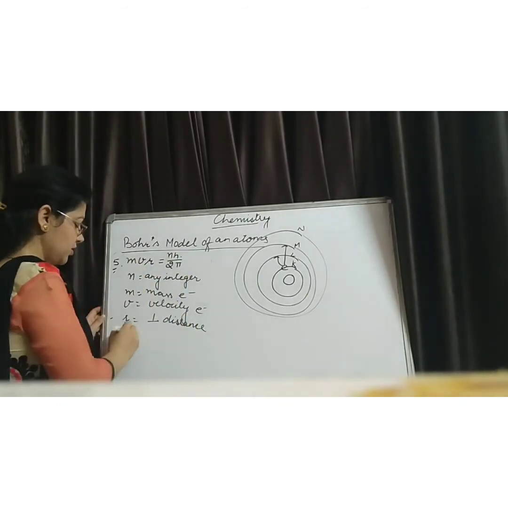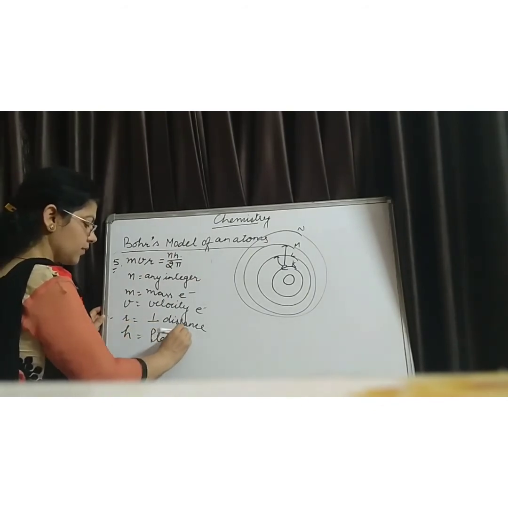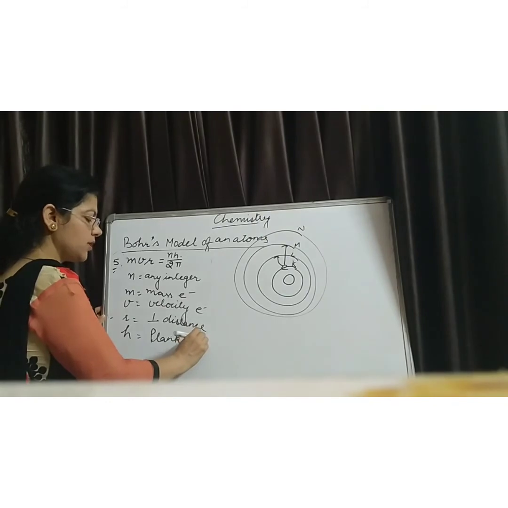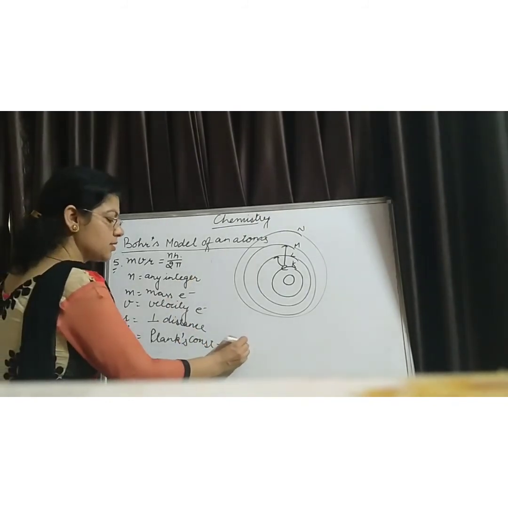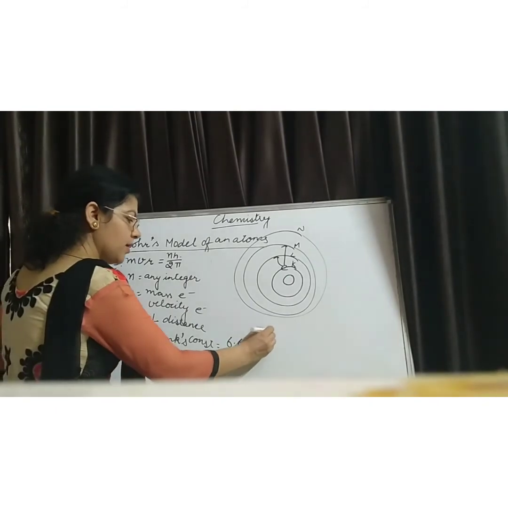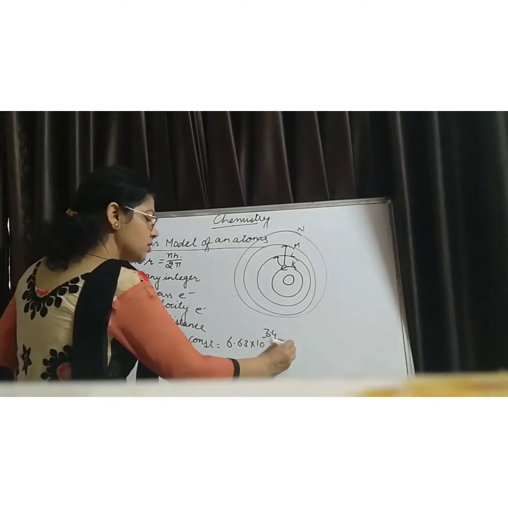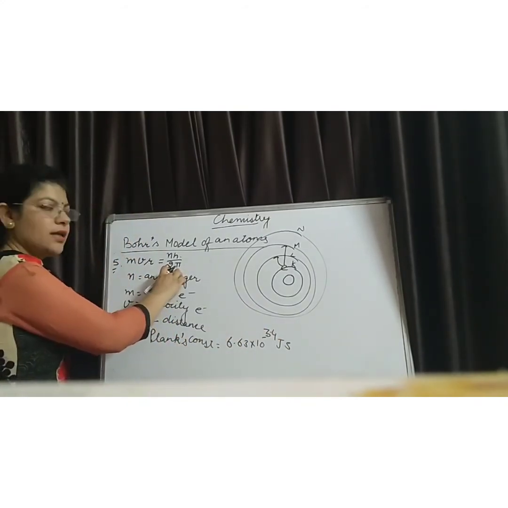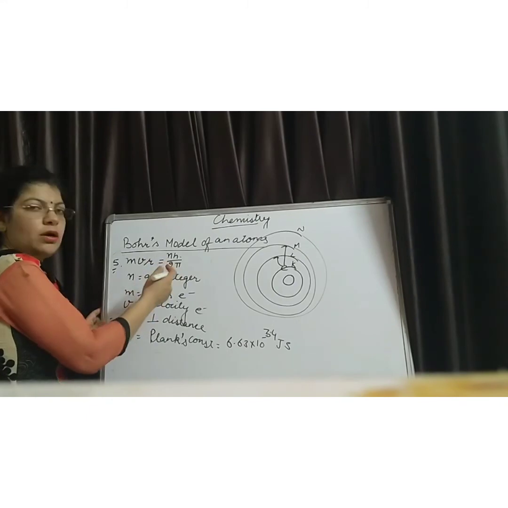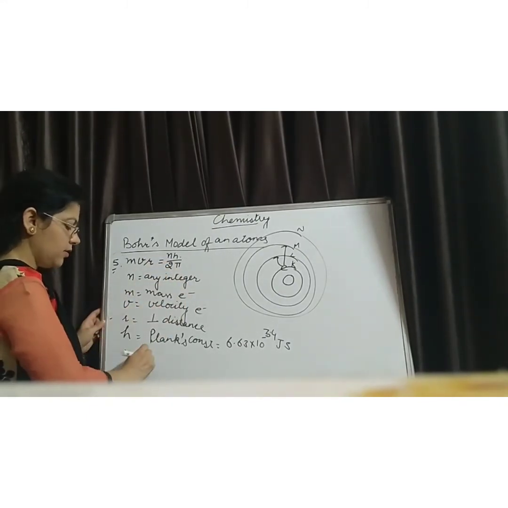Here h is the Planck's constant, and as it is a constant, its value is also constant, that is 6.63 into 10 raised to power minus 34 joule second. Pi is also a constant, its value is either 22 by 7 or 3.14, and n is any integer.